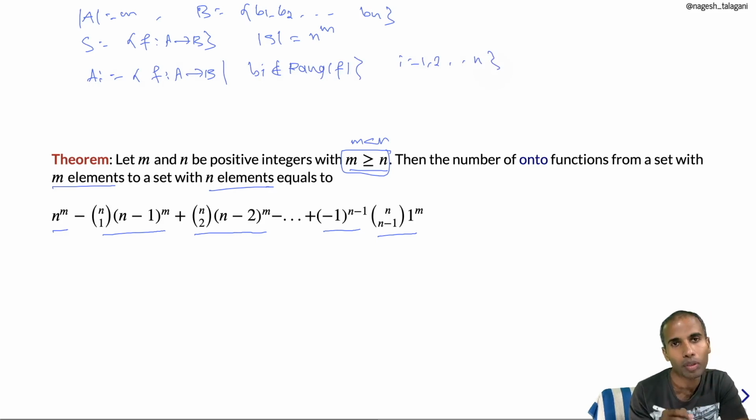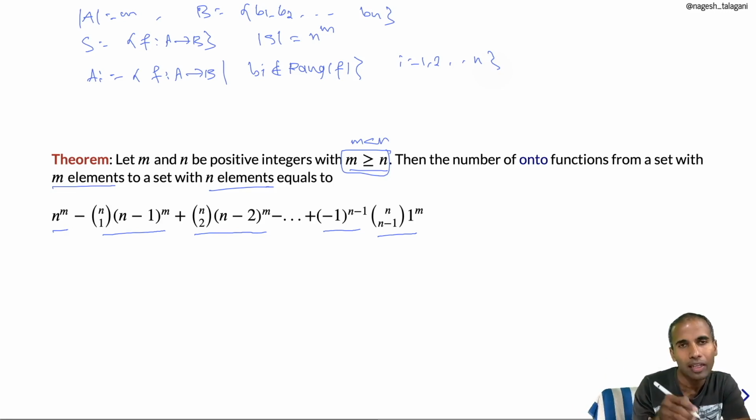For example, A1 is the set consisting of all functions from A to B in which B1 is not in the range of f. That means nothing in the domain goes to B1. Those functions sit in A1. There are some functions where nothing in the domain goes to B2. Those functions will be sitting in A2.